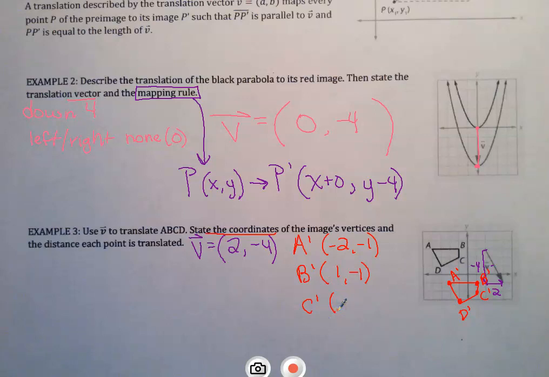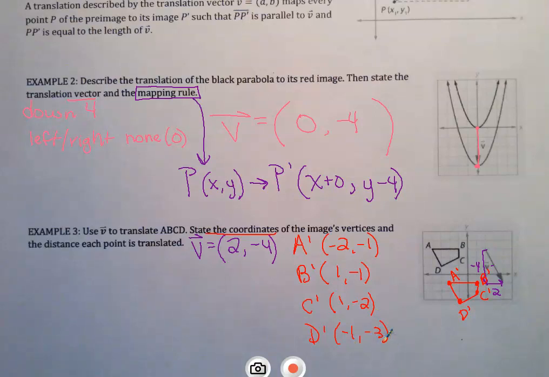The second C, the bottom one. So it would be 1, -2. Correct. All right, and then Caden, back to you for D prime. -1, -3. Good. You're supposed to do the horizontal first.